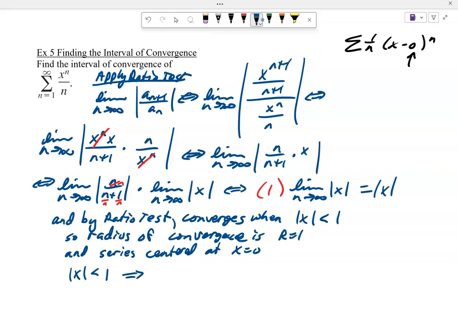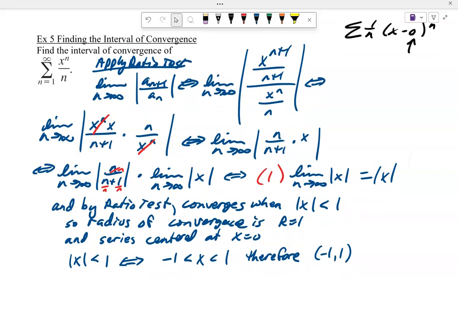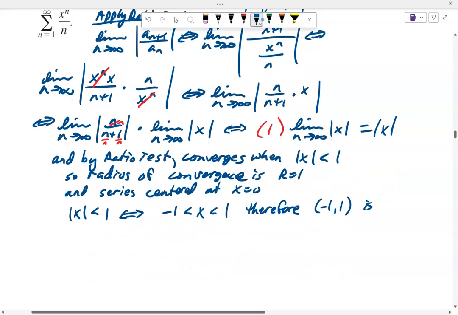Well, what that means is, the absolute value of x is x, or the opposite of x. In other words, we've got to be between -1 and 1. So -1 to 1 is the open interval of convergence, we call that.